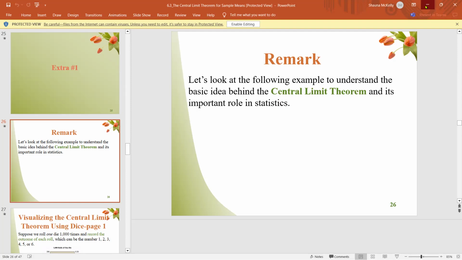Section 6.3, central limit theorem for mean.